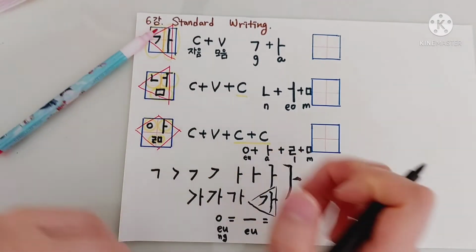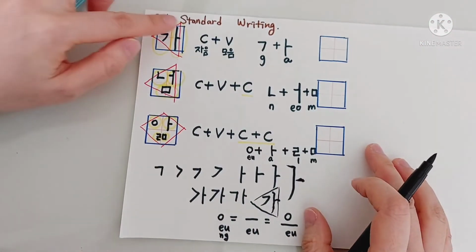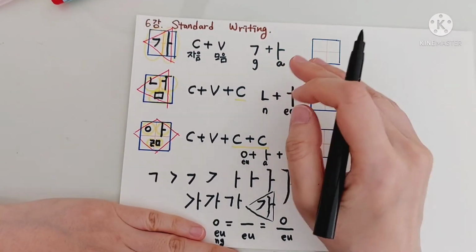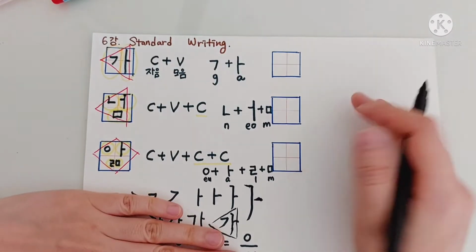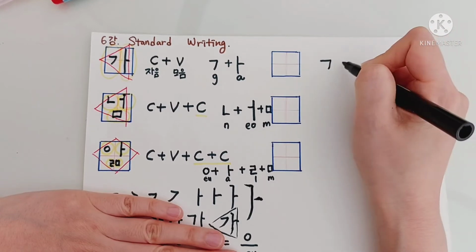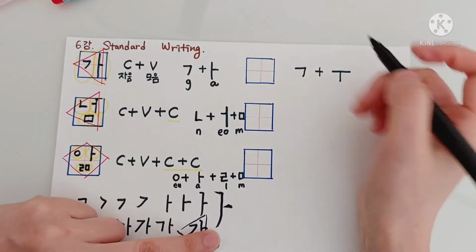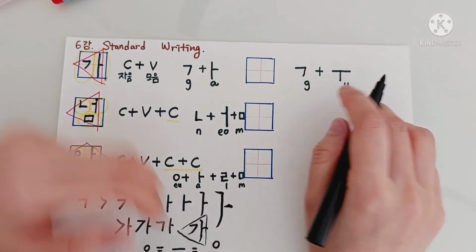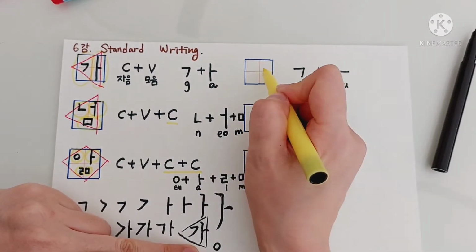And so we use this one when we have a standing line. And then when we meet a flat line, consonant and vowel but flat line, for example 그 plus 우, 구. And then where should we put this one?